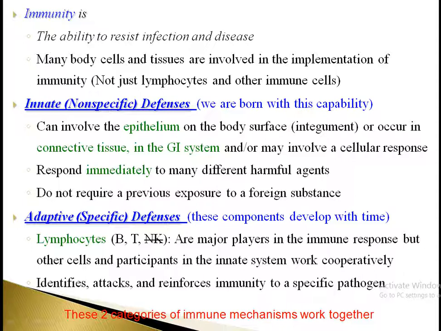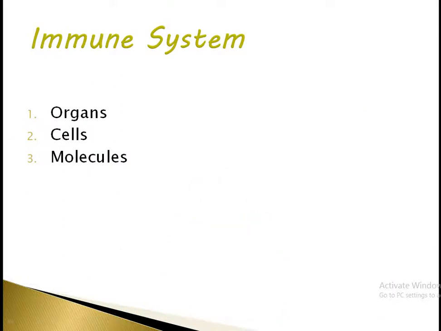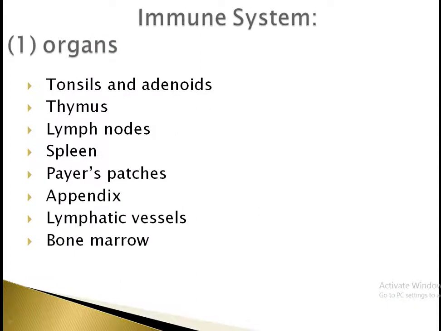This defensive function of our body involves many types of cells, organs or molecules. Regarding organs, we have tonsils, adenoids, thymus, lymph nodes, spleen, Peyer's patches, appendix, lymphatic vessels, and bone marrow.